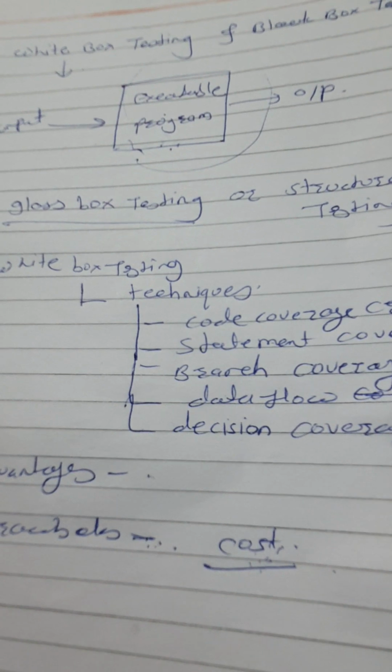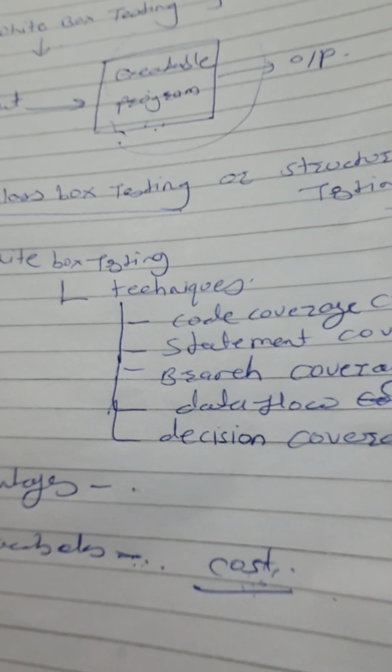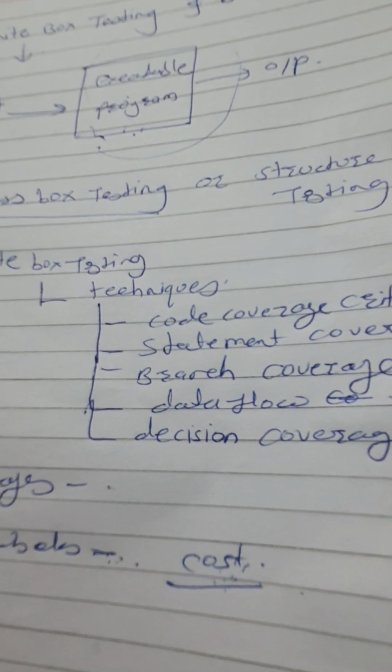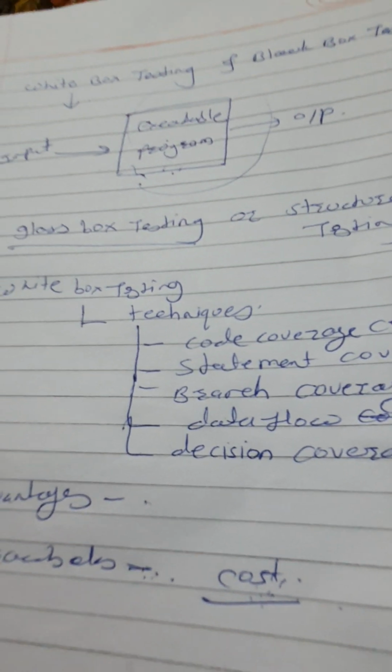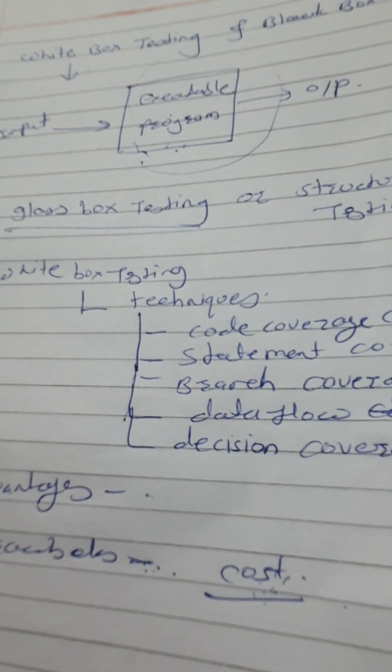But the drawback is that it is costly as compared to black box testing, and the tester requires internal code knowledge as well as more skills related to the software. Then next one is black box testing.